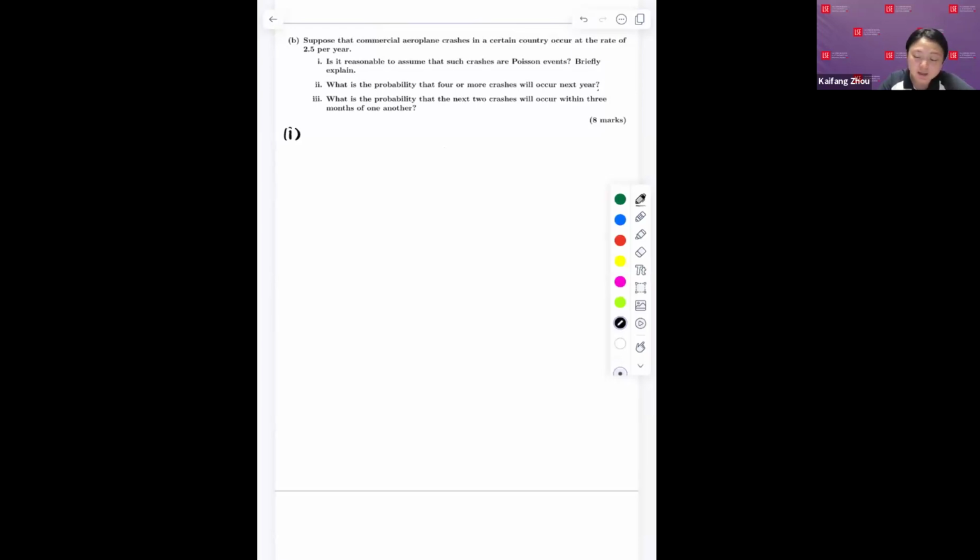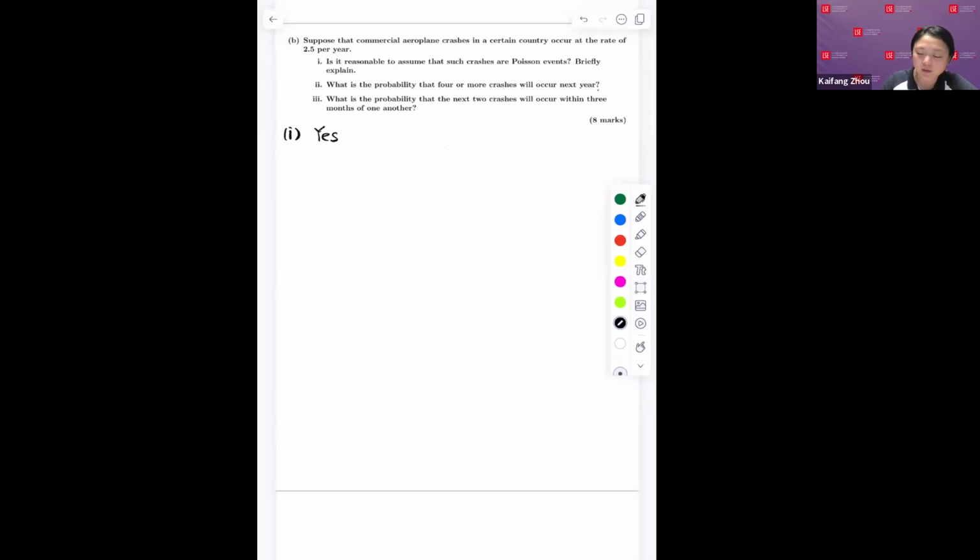For the Poisson assumptions, the events need to be independent, and the rate of events needs to remain constant.